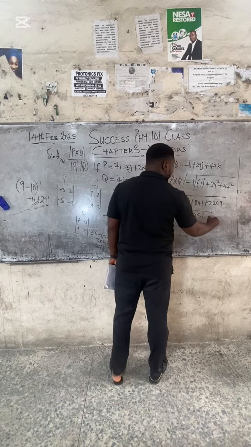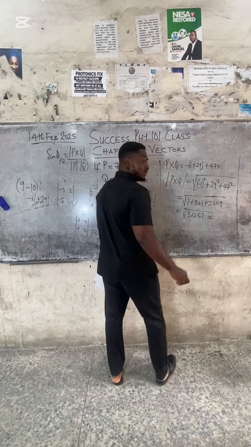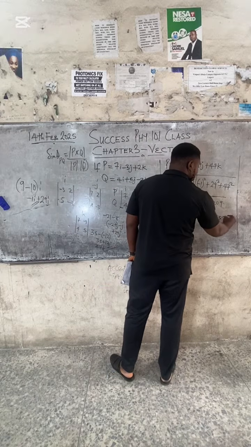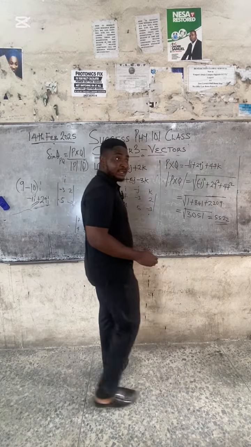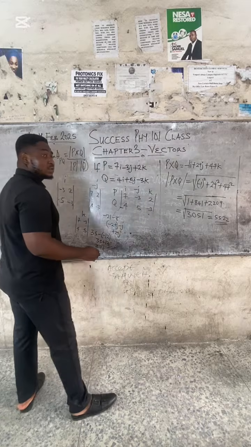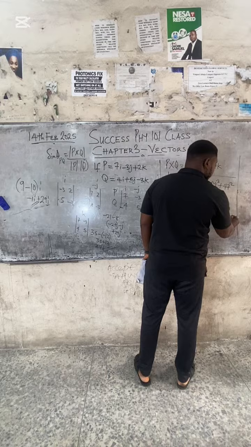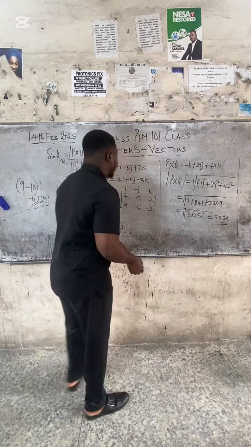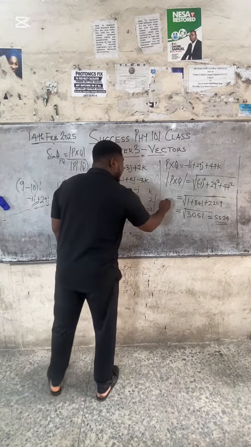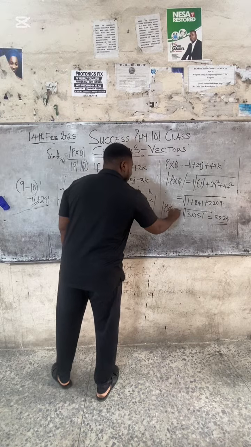Square root of 3051 is 55.24. Is that correct, class? Okay, 55.24. Class, we've gotten the magnitude of P cross Q.